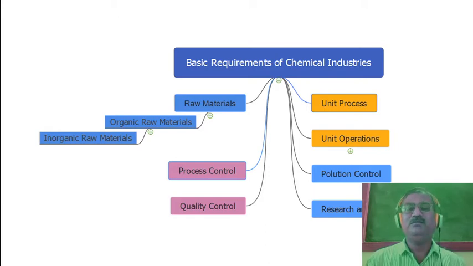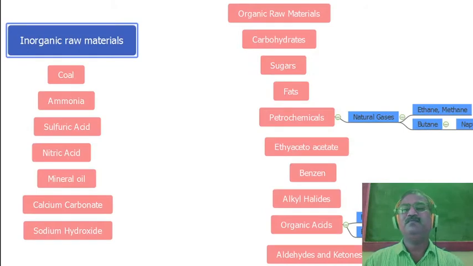So the first basic requirement of a chemical industry is the availability of raw materials, which are further classified into two different types: organic and inorganic. Now first we see different examples of inorganic raw materials as well as organic raw materials.